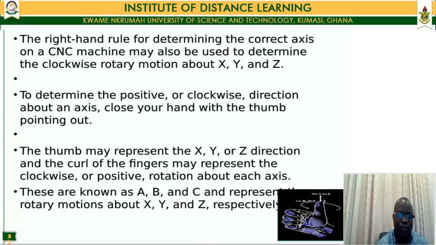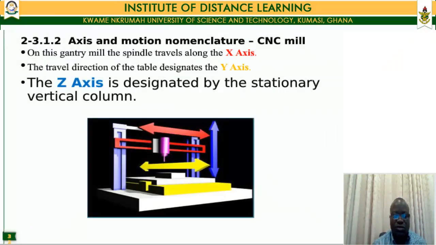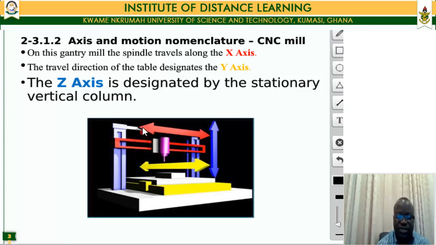Now, if you take a typical CNC mill, this is the axis and motion nomenclature. The x-axis has the longest travel. That is the x-axis, the distance here.